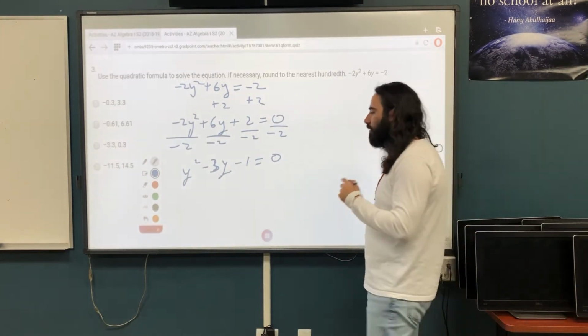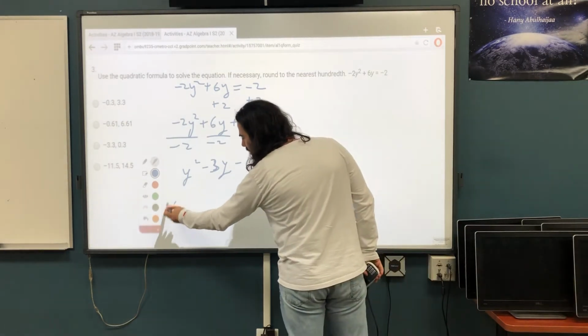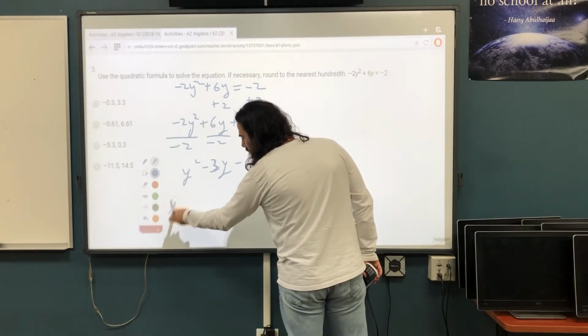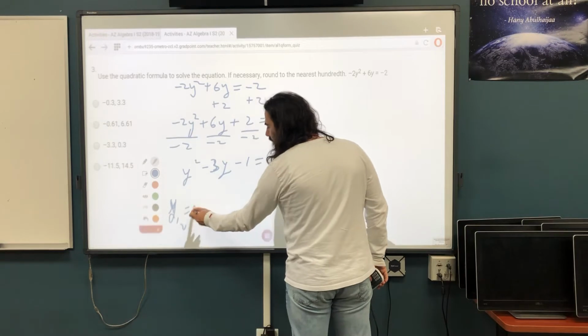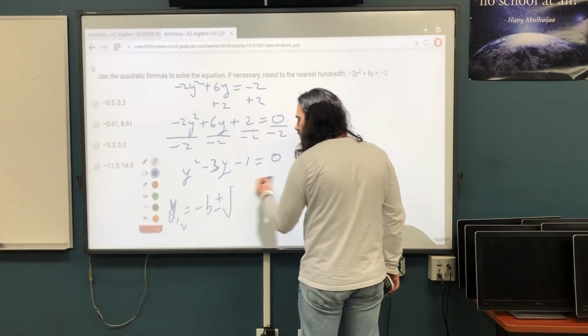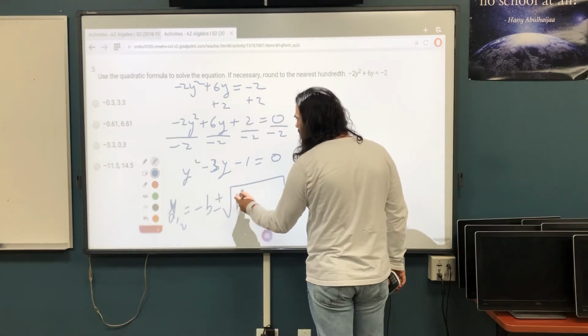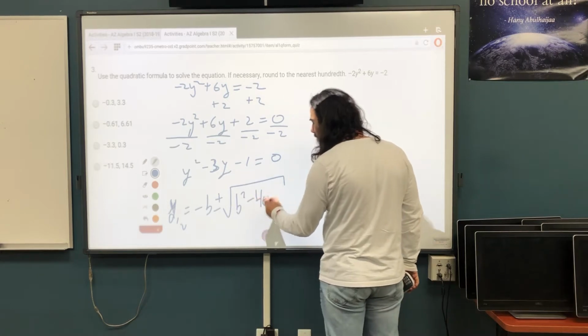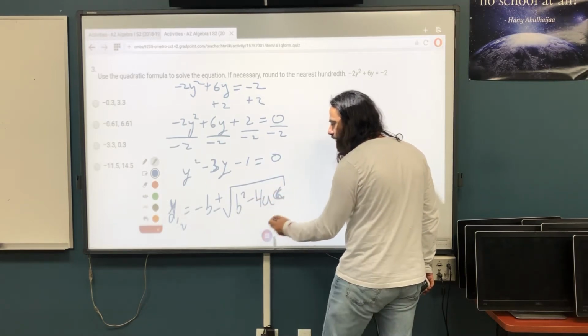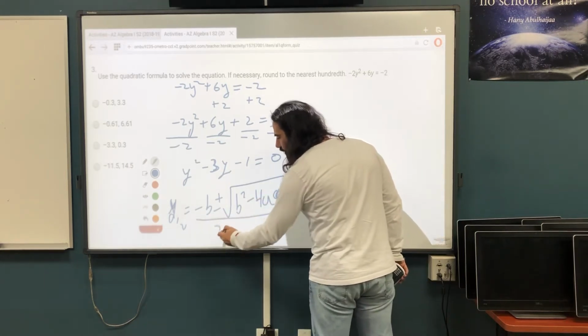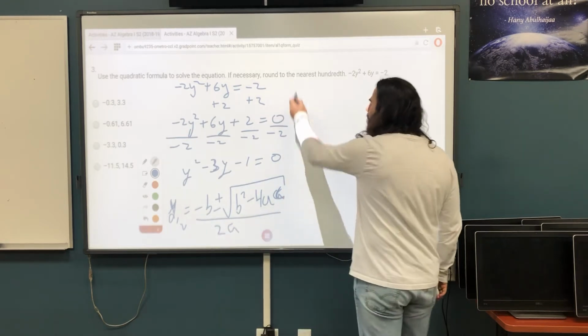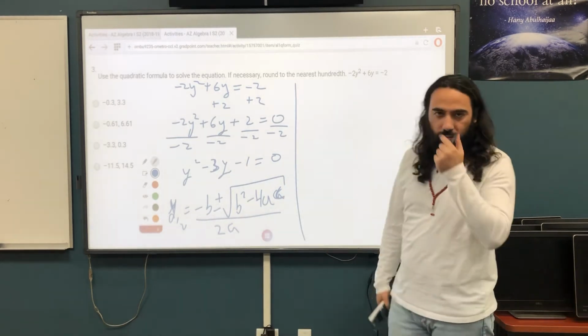Now what is the quadratic formula? In this case we have y, so we put y1,2 equals negative b plus or minus the square root of b squared minus 4ac, divided by 2 times a. All you need to do is plug in the numbers and you find the answer.